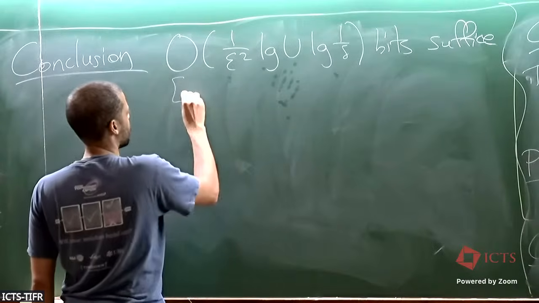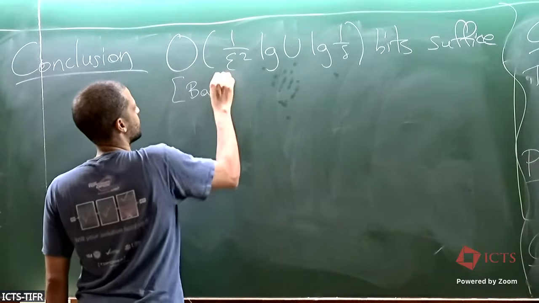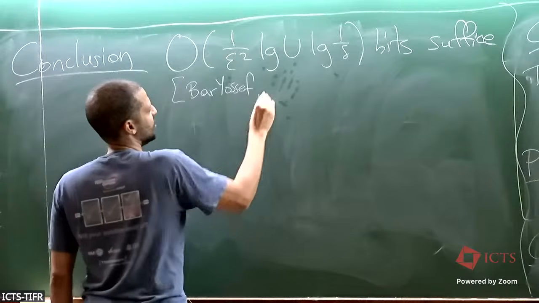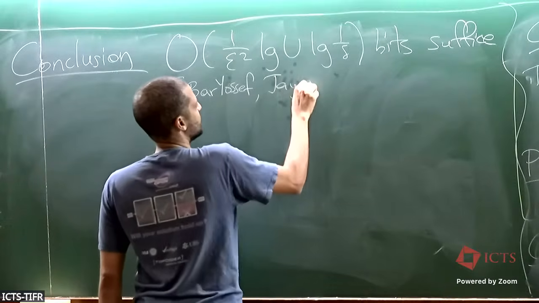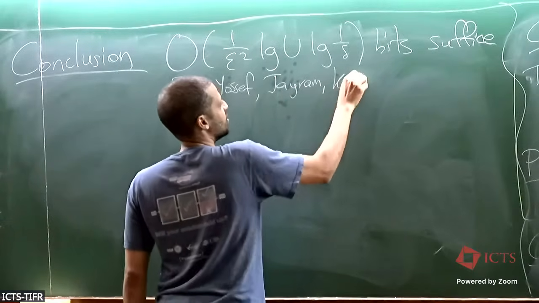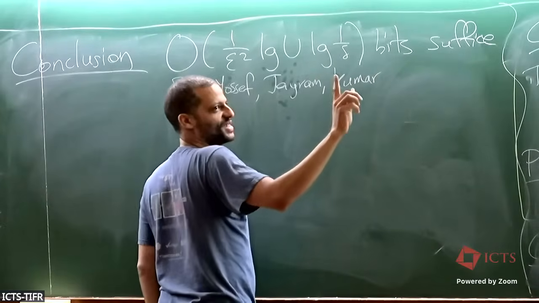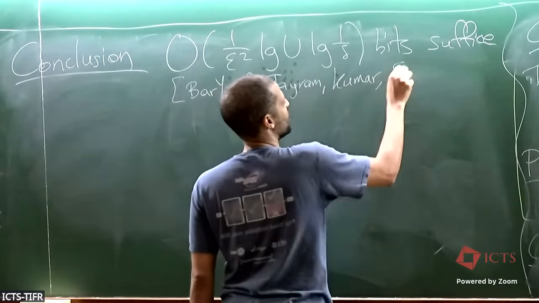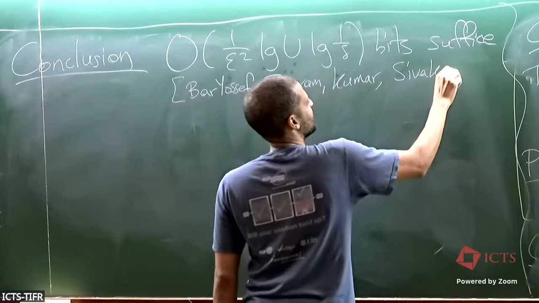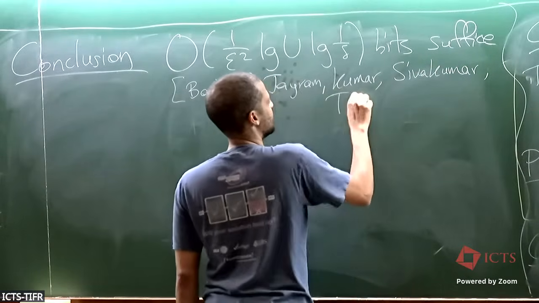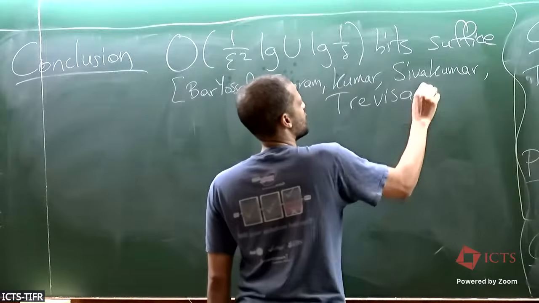This particular algorithm is due to Bar-Yossef, Jayram, Kumar, not the Kumar in the audience, a different Kumar, Ravi Kumar, Sivakumar, and Trevisan, in 2002.